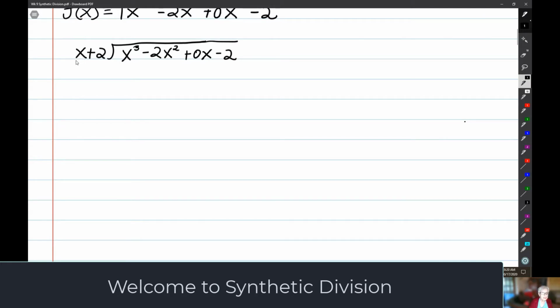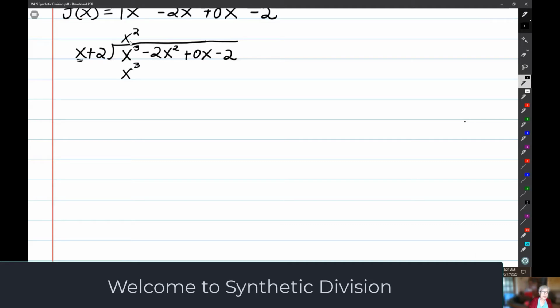I just look at this first term, x, and ask myself, what am I going to have to multiply x by in order to get x to the third? And the answer is x squared. X squared times x is x to the third.